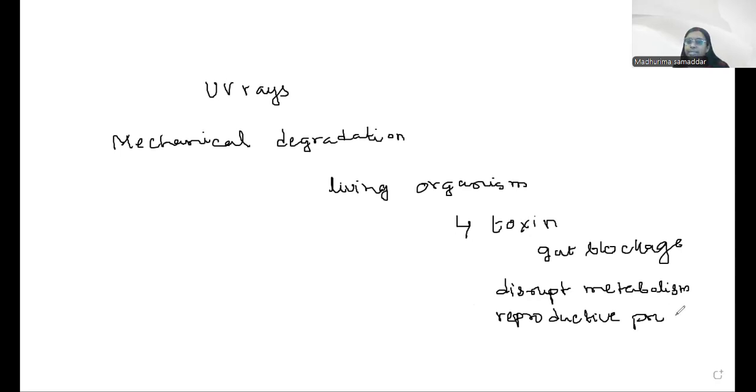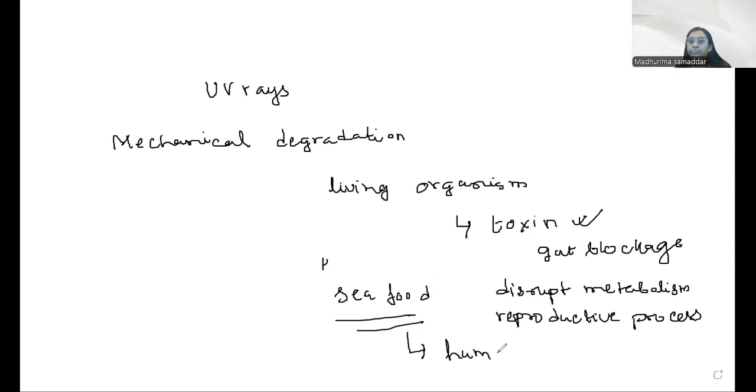So ultimately, it is affecting the whole food web. This toxin is present in the seafood because it gets accumulated inside their body. So through the food web, it is coming to the human body and having an adverse impact on human health.